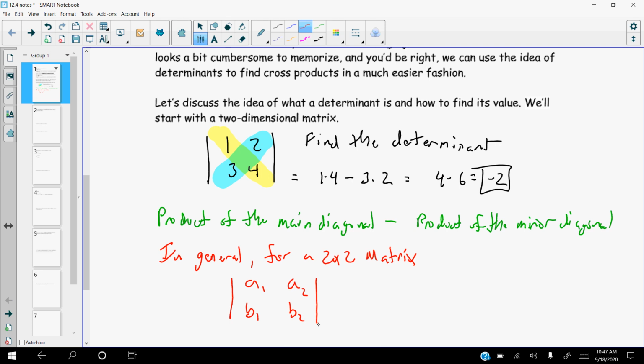A1, A2 would be the components of a two-dimensional vector. B1, B2 would be the components of a two-dimensional vector. It would be the product of the main diagonal, A1, B2, minus the product of the off diagonal, and I'm just going to write it alphanumeric first, so it's A2, B1, so alphabetical. That's it. That's all there is to finding the determinant of a 2 by 2 matrix. Of course, that's only if we're given vectors in 2 dimensions.